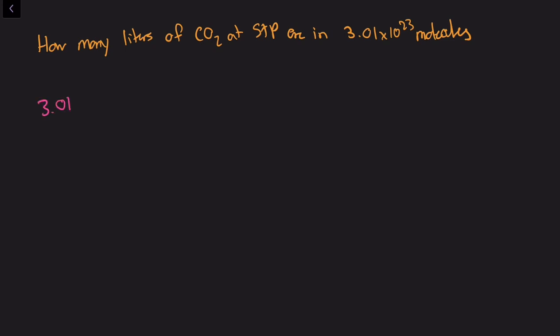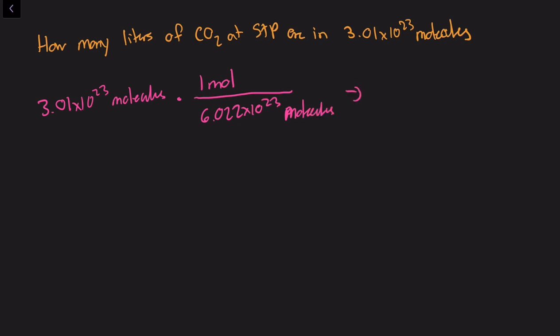We're going to start with our 3.01 times 10 to the 23rd molecules, and use our Avogadro's number conversion, where 1 mole is equal to 6.022 times 10 to the 23rd particles, or in this case, molecules. Now, once we do this math, we end up with 0.5 moles of our CO2.